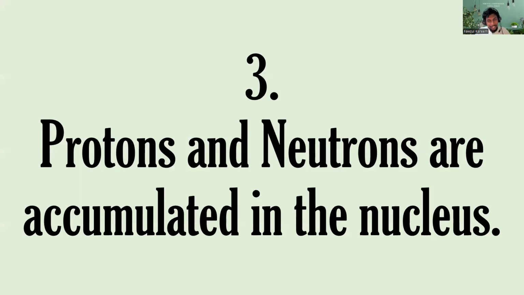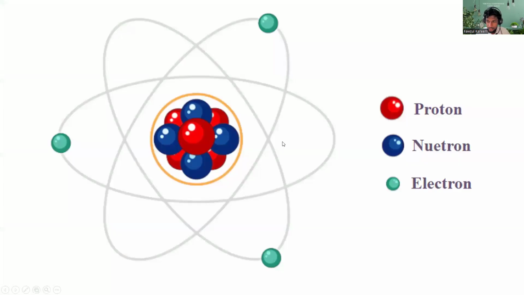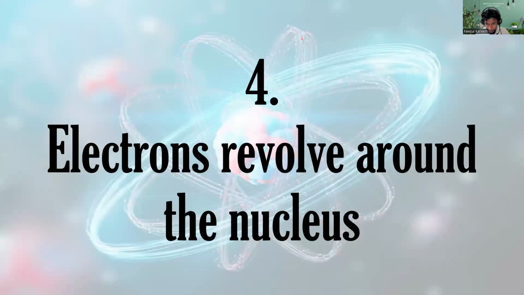And third, protons and neutrons are accumulated at the nucleus, that is at the center. Here protons and neutrons are there, accumulated at the center, and that area is called the nucleus. And electrons revolve around the nucleus.